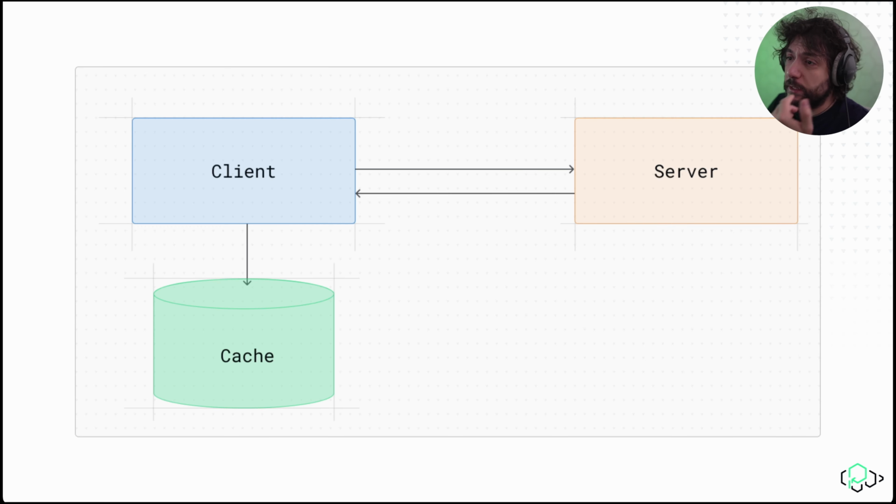Based on this standard, there is a client and a server, and the server can have a local cache that it can use to store its data. Pretty good, isn't it?